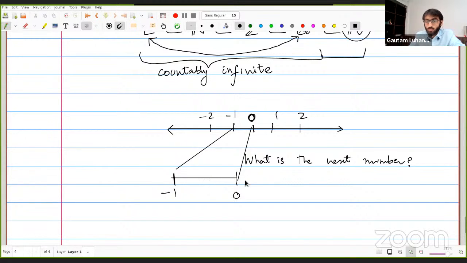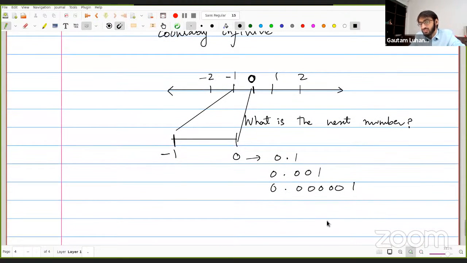So do you say the next number after 0 is 0.1, or is it 0.001, or is it 0.000001? Looking at infinitely smaller and smaller numbers, there's a whole level of infinity right there. So how do you even begin to count the set of real numbers?